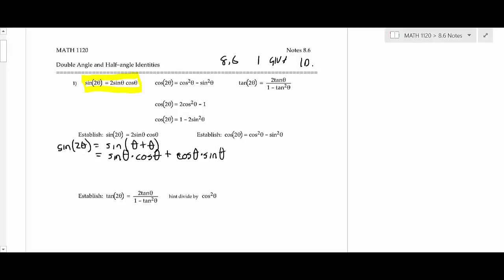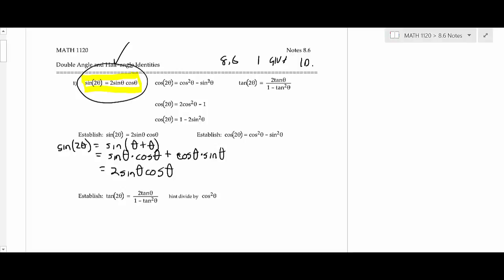What do you notice about these two things right here? Aren't they the same? How many do you have? You have 2. So you combine those like terms, and the identity pops out: 2 sine theta cosine theta. See, it's very easy to derive that formula. It's helpful to memorize it, but it's also easy to derive, if you remember step 1, that is.